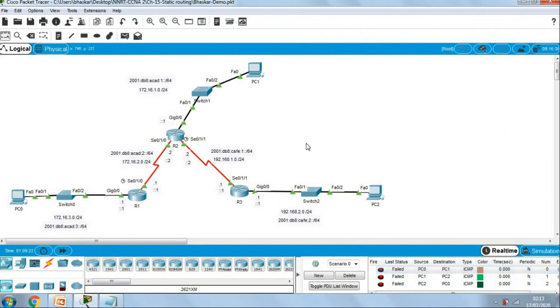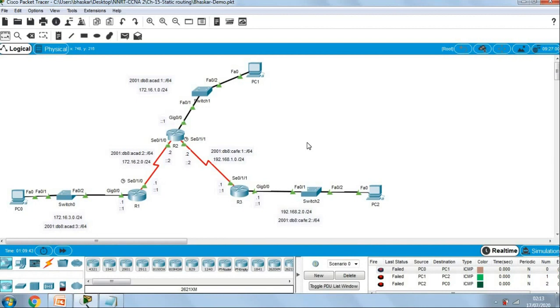So what is the solution? The solution is that you have to use either static routing or dynamic routing. You can use static routing, or if you want, you can use dynamic routing. But here, we are going to use static routes.